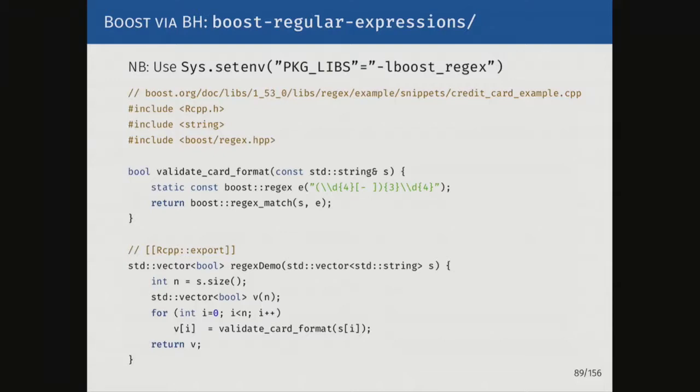What we're doing here then is using boost regex, which uses a particular regex grammar, which is a little bit different from what we're using in R, but it's still digestible.